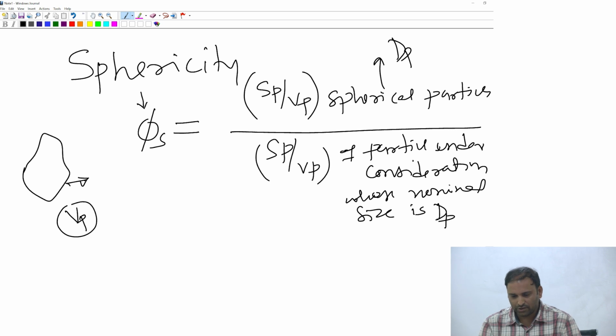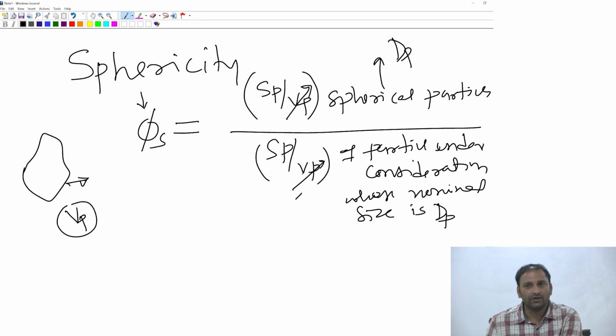Now let's go back to the definition. When you're extracting the size by equating the volume, your Vp here and Vp here are exactly the same. What you're doing is you're taking a sphere and saying the volume of the sphere is equal to the volume of the particle under consideration.